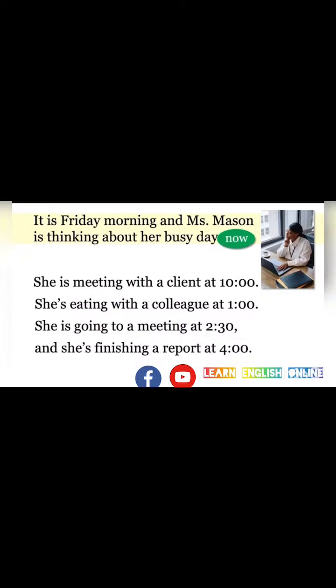And also it says it is Friday morning. That sounds like right now. All of these other sentences happen in the future, and I know that because they have a specific time later today. That's how we use the present progressive for the future, when we put some other time that tells us it is going to happen in the future.